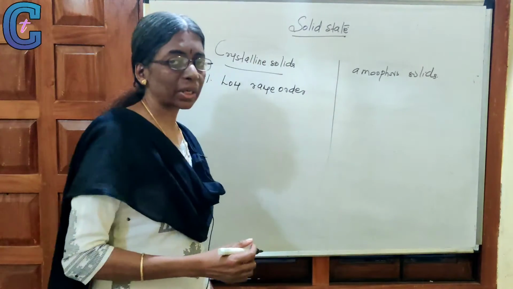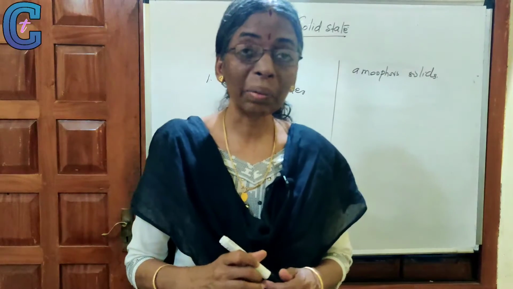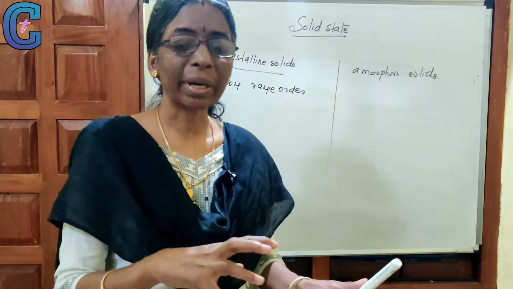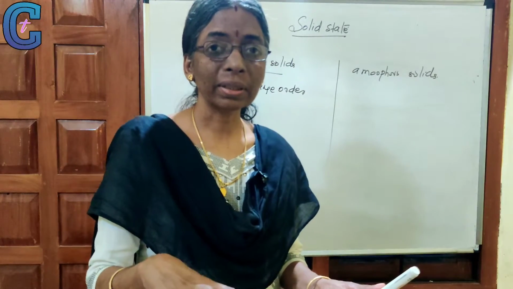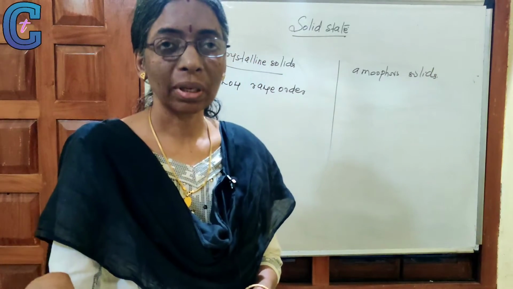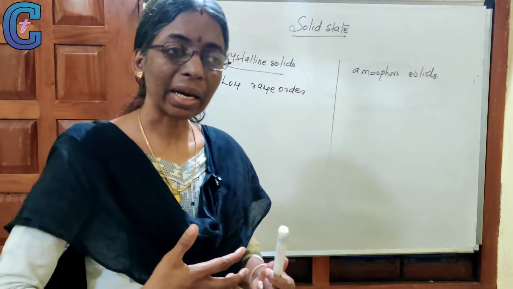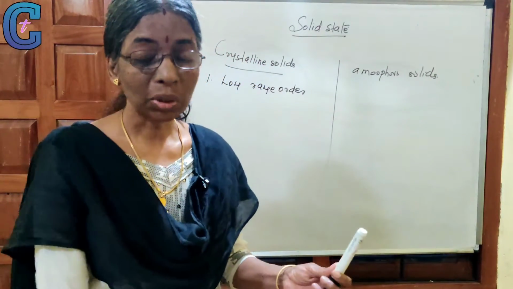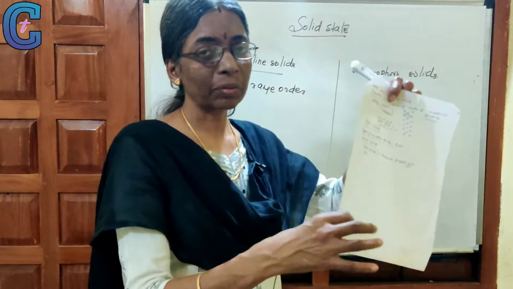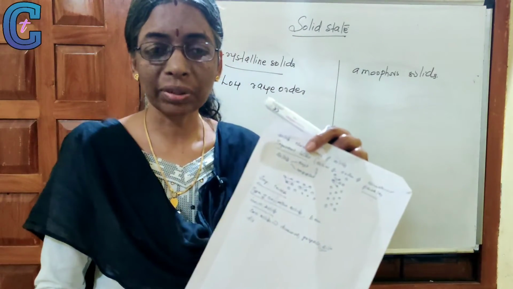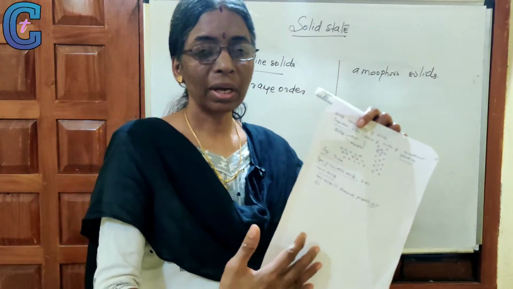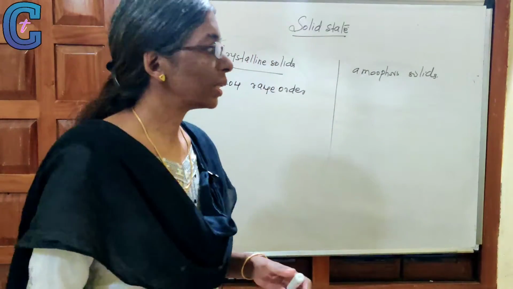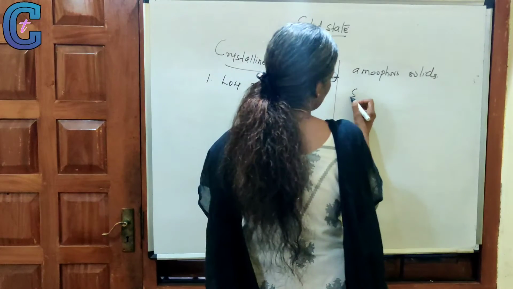In amorphous solids, they don't have regular arrangement of particles. In some area some arrangement will be there, after that there is irregular arrangement. So the arrangement doesn't go throughout the crystal. In some area some arrangement, again they have different arrangement, so we call it short range order.